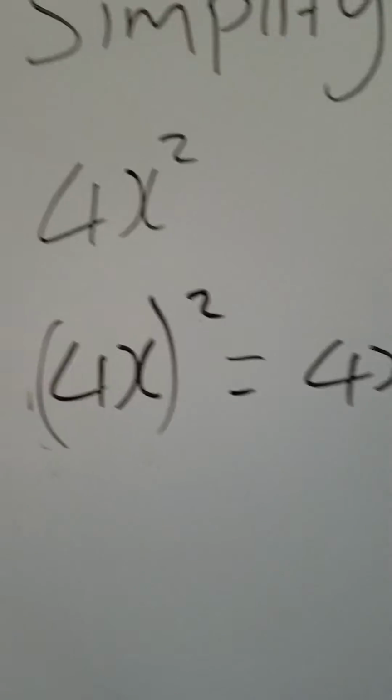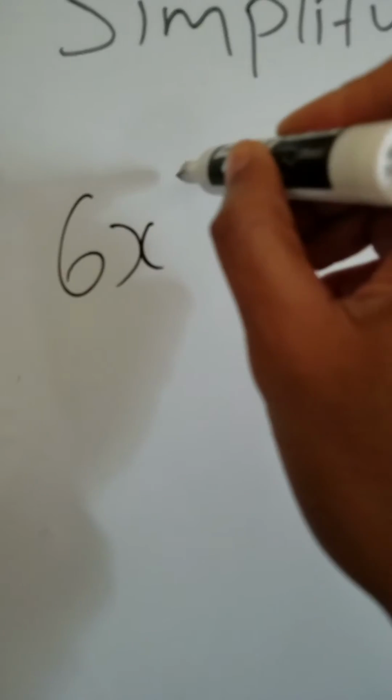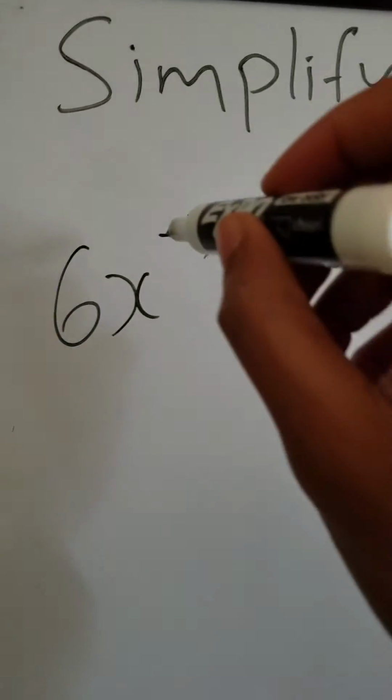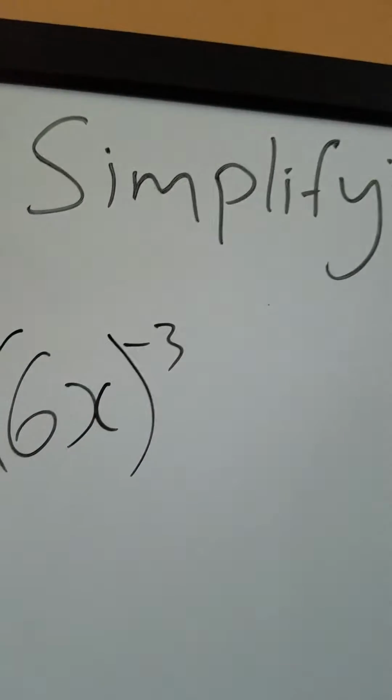As I was saying before, another problem you might come across during your homework or at school is to write this particular expression in another way, or it could say find an equivalent expression. Let's look at (6x) to the -3rd, and let's be careful and put our parentheses in.